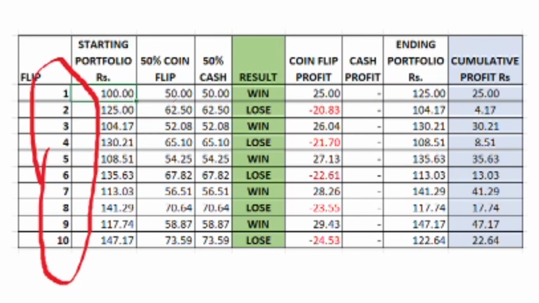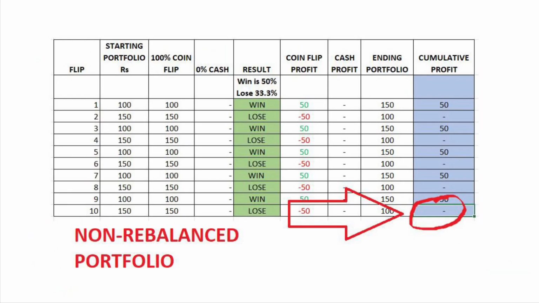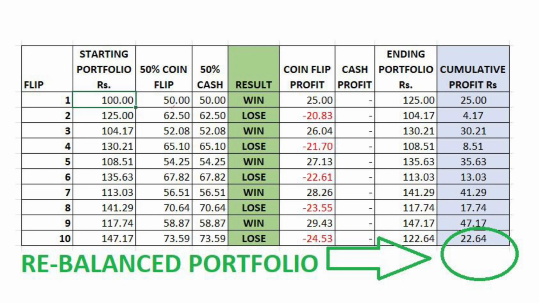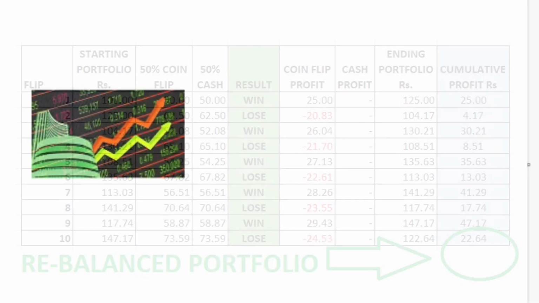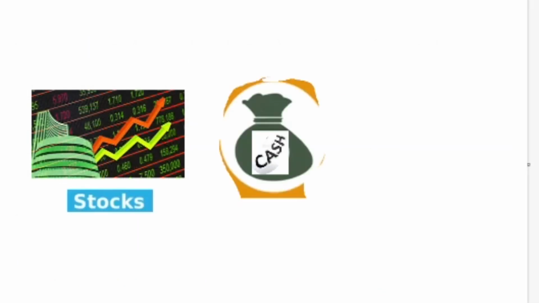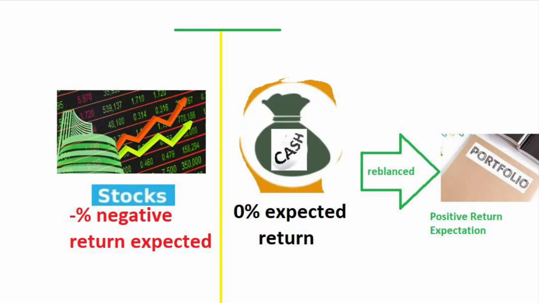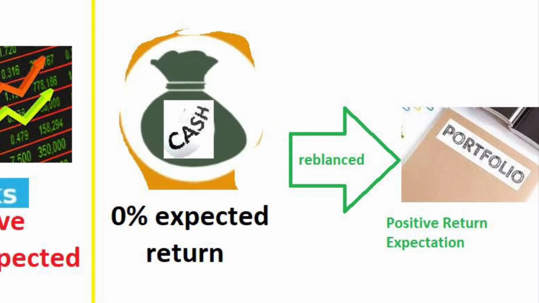After 10 such attempts, your portfolio has generated 22 rupees compared to zero expected return when the portfolio was not rebalanced. This drives the key point that even when two assets that have zero return expected or zero wealth generating capability, and if these are rebalanced regularly, we have a return generating portfolio.